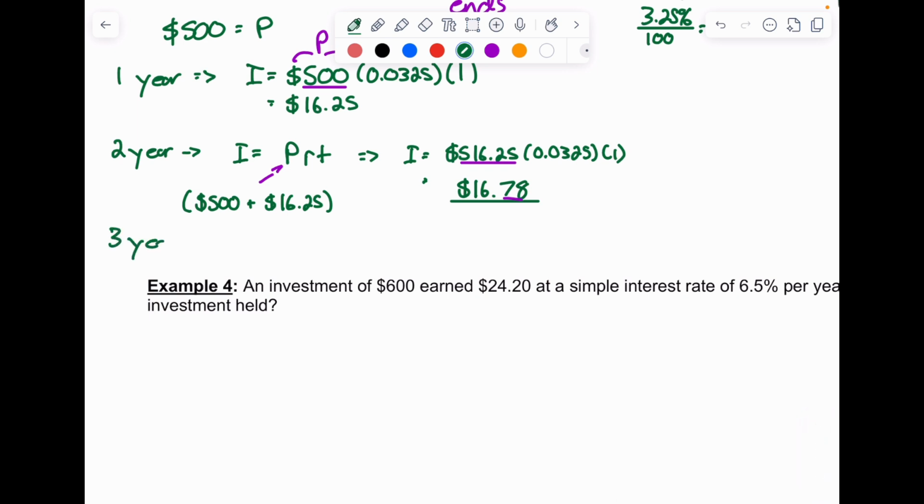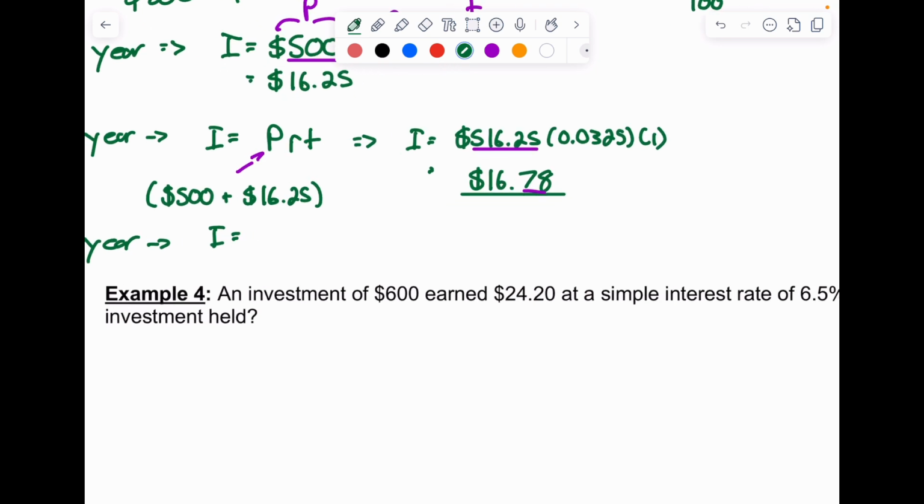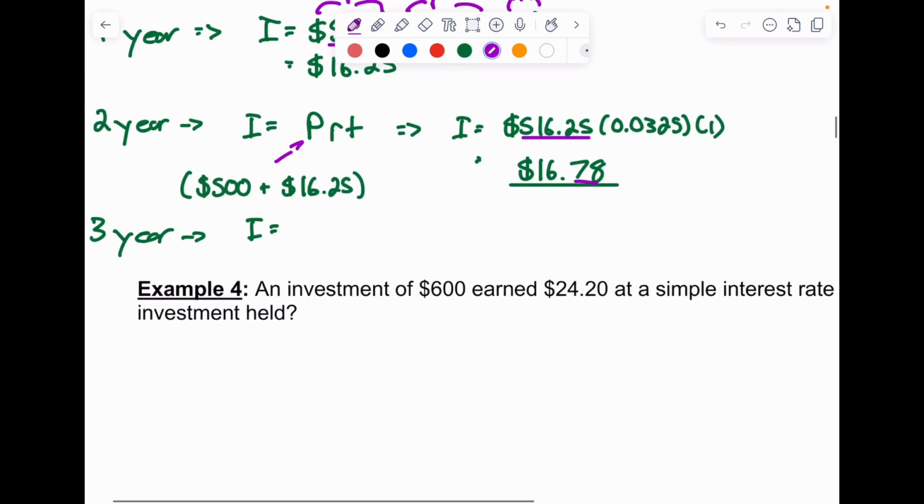So what makes this different again is when we calculate our interest, the principal that we are using is now whatever is in your account. So what's in our account would be $516.25, all right? But now it's plus the interest you earned for that year, 16.78, okay?